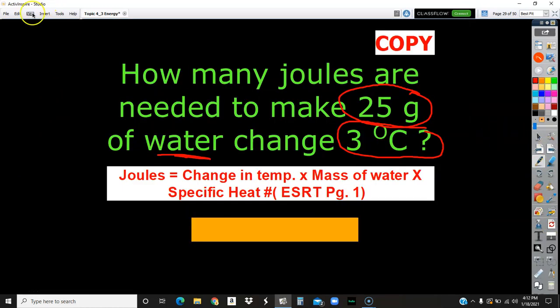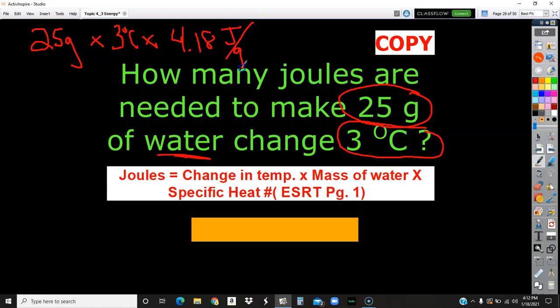So when I set this up, I'll do it up here. It's going to be 25 grams, that's my mass, times my change in temperature, 3 degrees Celsius, times the number for liquid water, which was 4.18, and the units look like this. J for joules, slash, on the bottom is grams degrees Celsius.